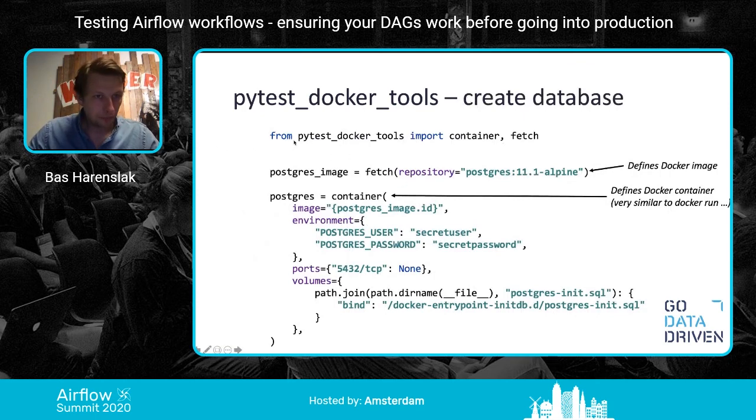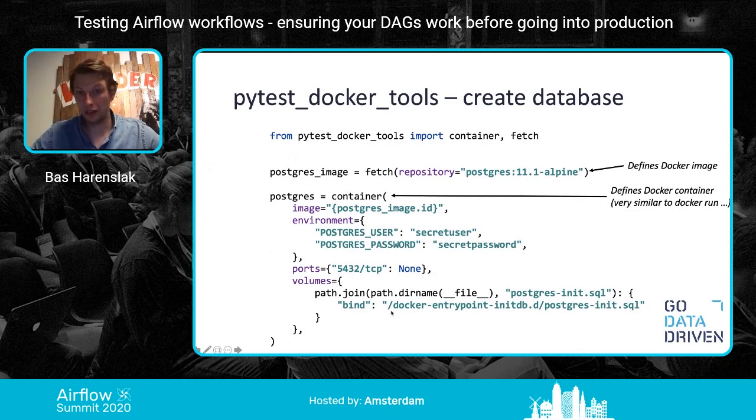So what do we do? We import container and fetch from Pytest Docker Tools, and this kind of maps to your Docker CLI, just in Python code. So we fetch the image. We define a couple of settings for a container. The arguments map to what you're used to in a container: environment, ports, volumes.